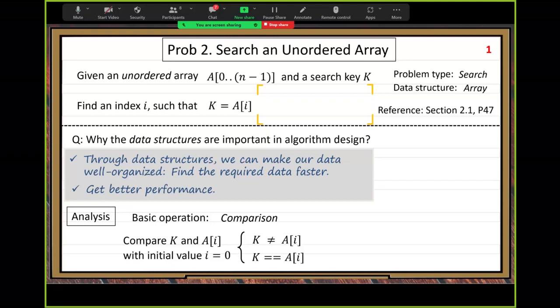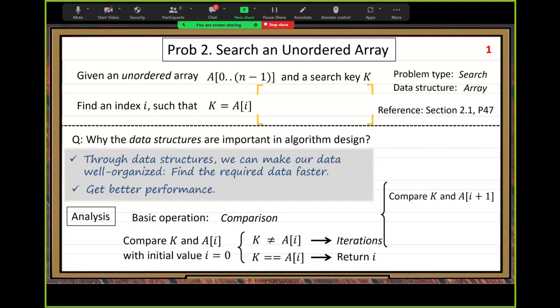So we treat them the same, the unequal case. So for the equal case, the search function returns index value I. For the unequal case, we need to do further iterations. So next iteration, we compare capital K and A of the next element, A of I plus 1.